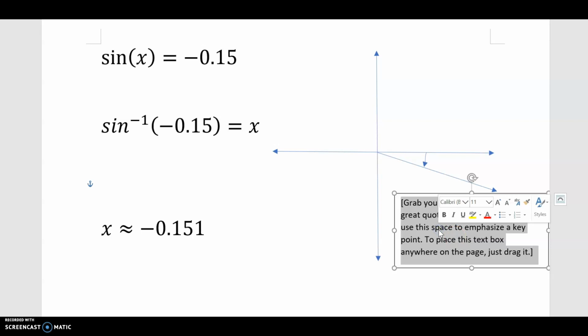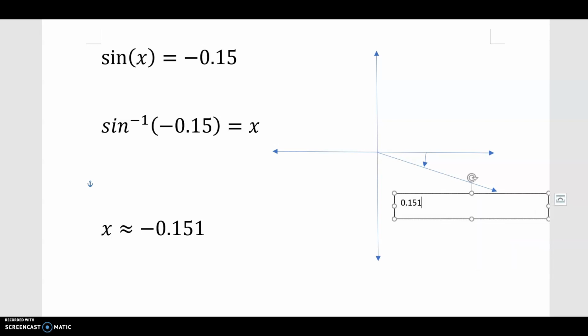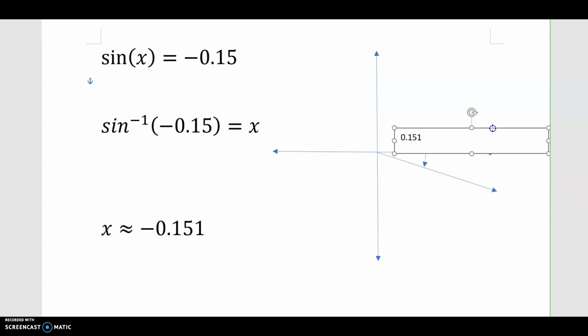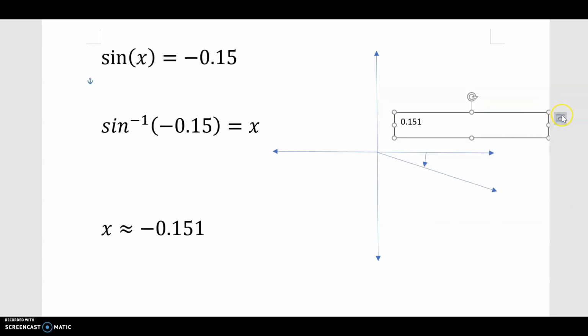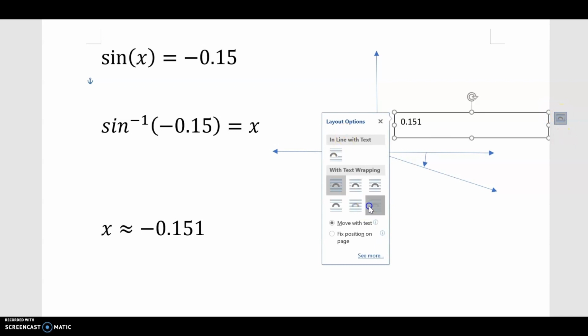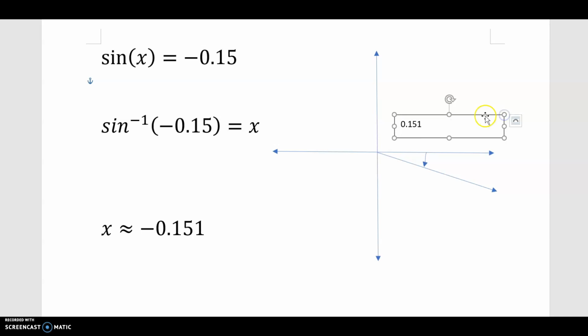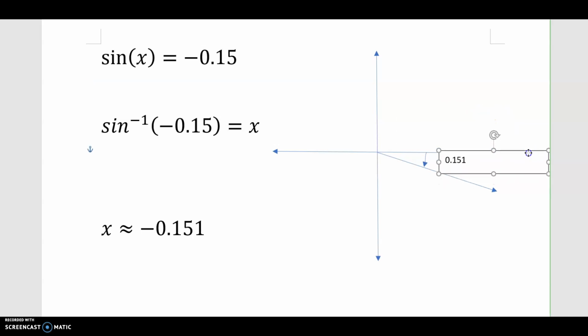The reference angle here is 0.151, in radians. So essentially what we're saying is that this angle right here is negative 0.151, and it's in the fourth quadrant with a reference angle of 0.151.